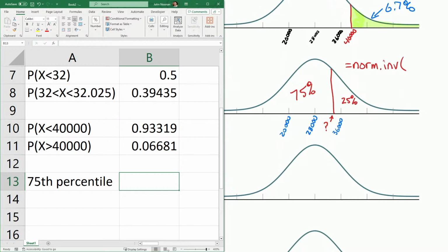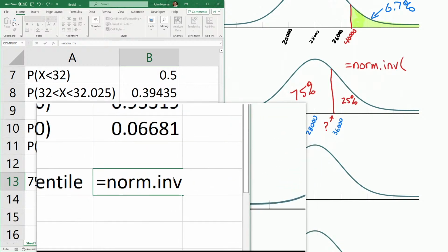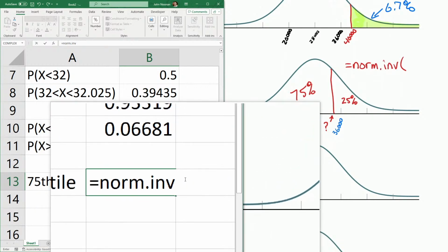If you're keeping track on Excel, you might want to type in your notes and so forth. Okay, so this is going to equal norm.inv. Let me make this big so that you can see it. So norm.inv, open parenthesis, and it says probability. The probability is the probability to the left.